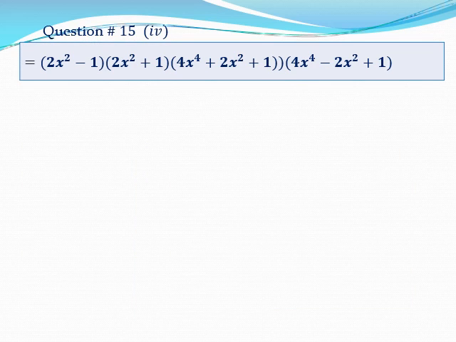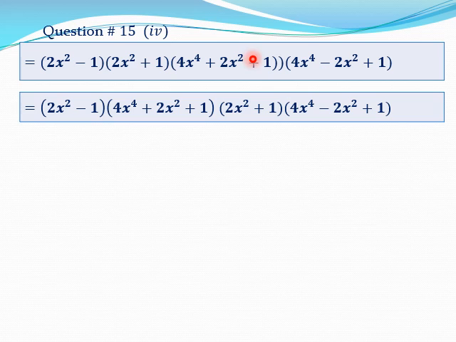Question number 15, part 4. The given expression is 2x square minus 1, that is the first factor, and the second factor 2x square plus 1, the third factor 4x^4 plus 2x square plus 1, and the fourth one 4x^4 minus 2x square plus 1. First of all, we are going to regroup them.